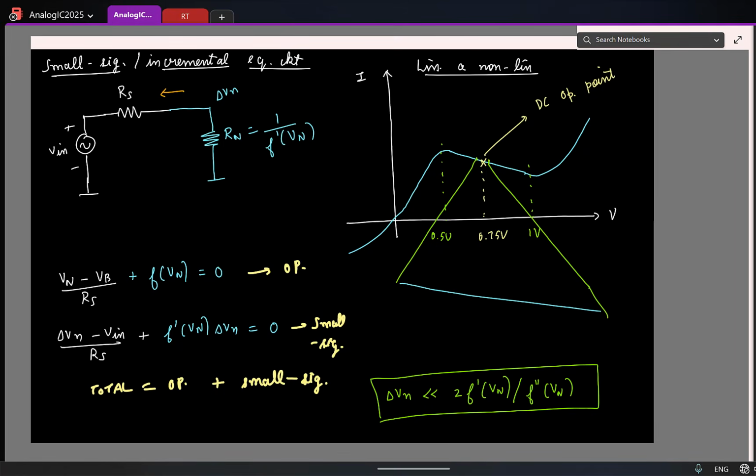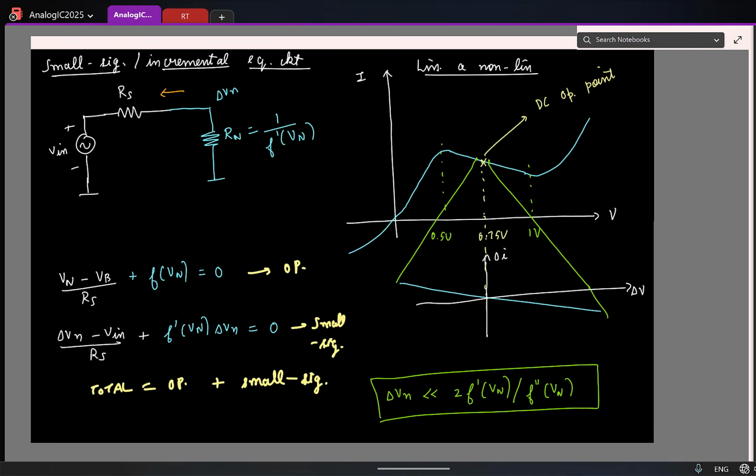And remember, this is the operating point. So my small signal IV characteristics, I call it delta V and delta I. This is how it will be. Because now we are only interested in the small signals, and they are going to be changing in and around this operating point. Essentially, I am shifting the origin. You might have seen this in your math courses. It's essentially shifting the origin and axis, calling this to be the origin.